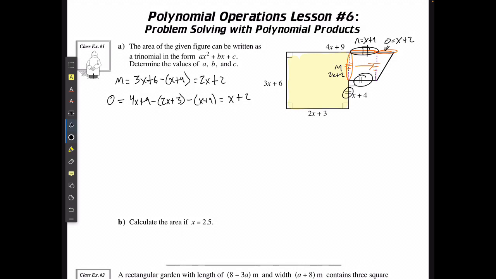Now, I can say that the full area is going to be the large rectangle plus a small rectangle plus the triangle.